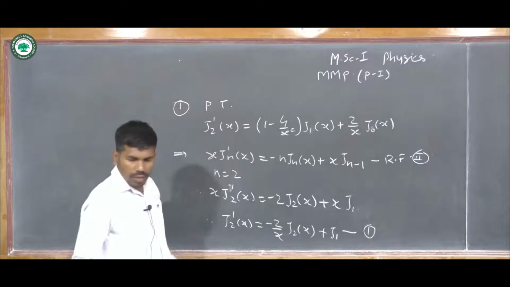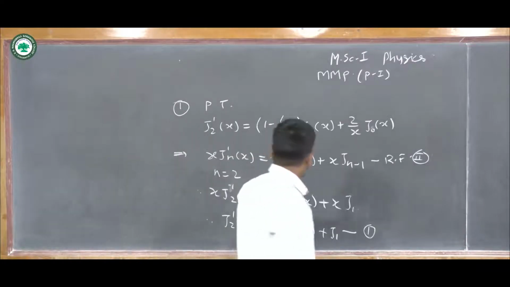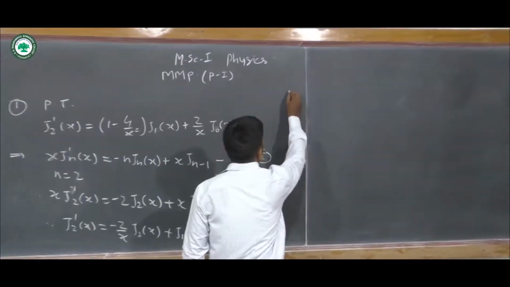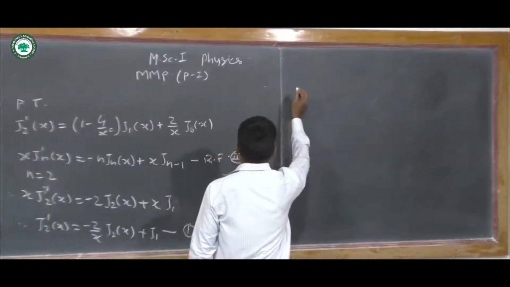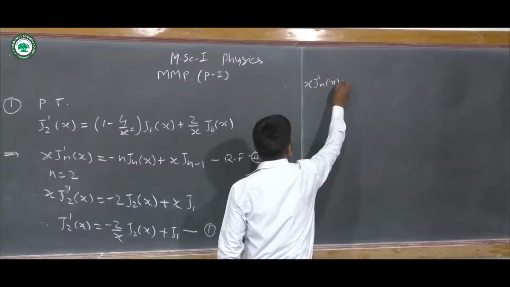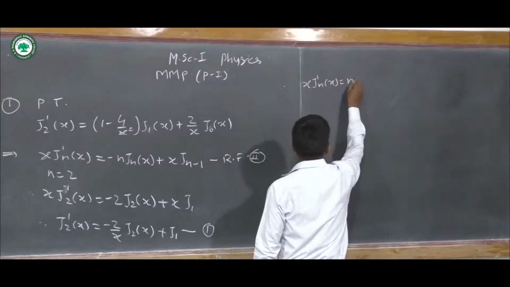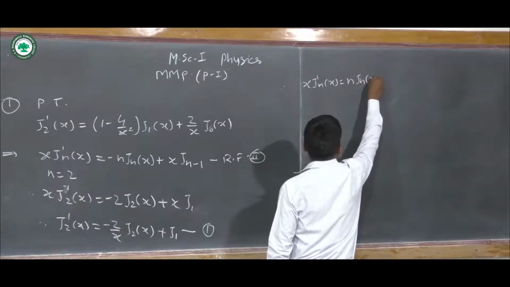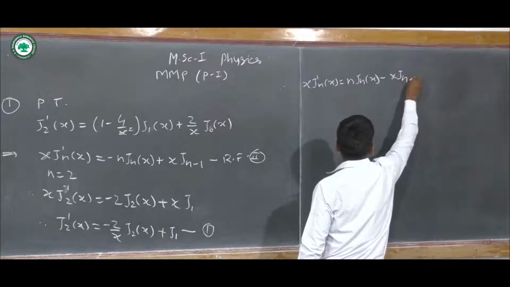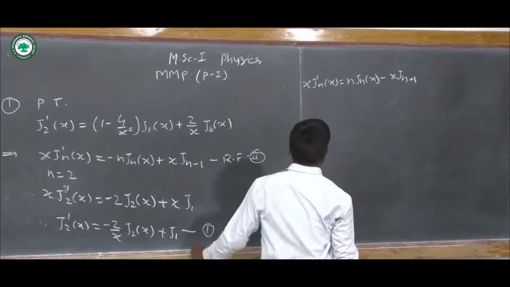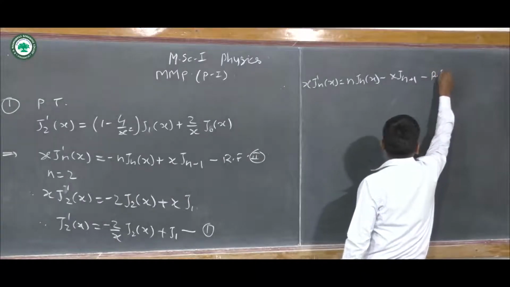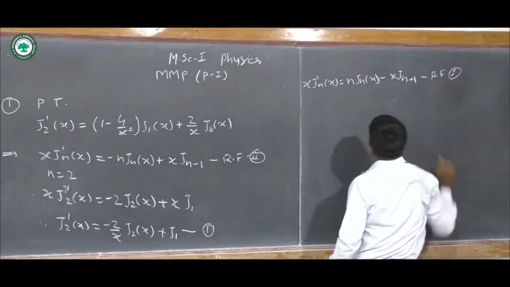Now we know the first recurrence formula, that is x J prime n x is equal to n into Jn x minus x into Jn plus 1. Okay, this is the first recurrence formula.